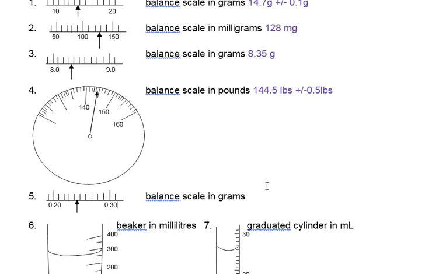Another balance scale here, this one in grams, and we're going up by even smaller gradations than the earlier one. So when we estimate this, 0.2440 grams, again, plus or minus that last digit. So plus or minus 0.001 in this case.